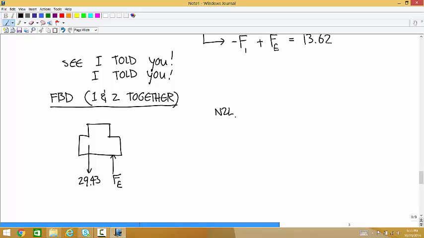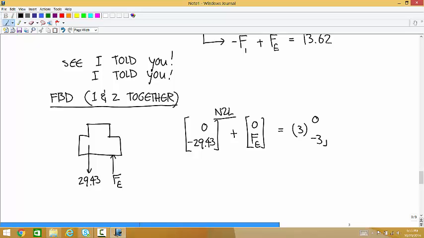Okay, so Newton's second law says 0, negative 29.43 plus 0, positive Fe is equal to the mass of the chosen object, 3, times the acceleration of the chosen object, 0, negative 3.